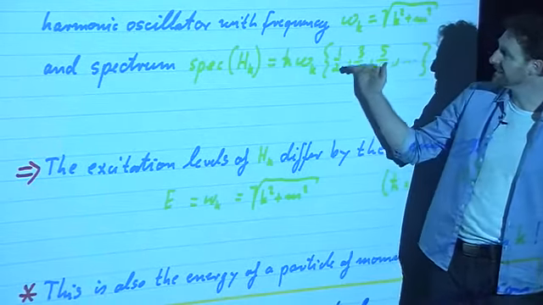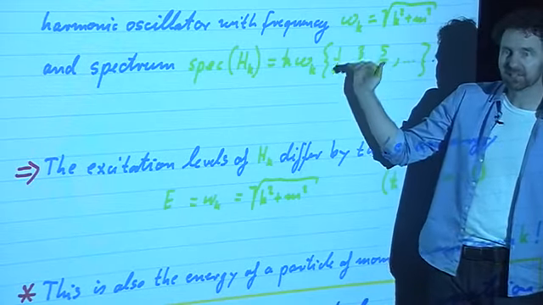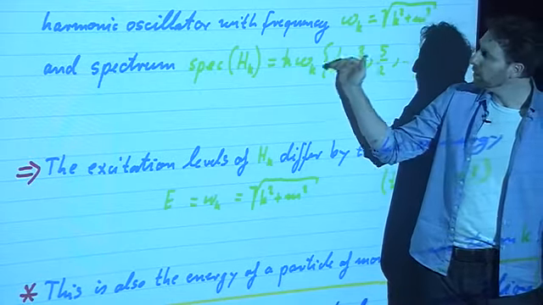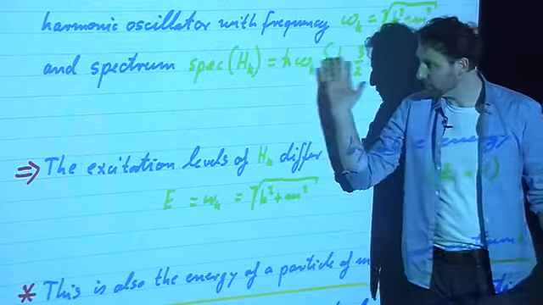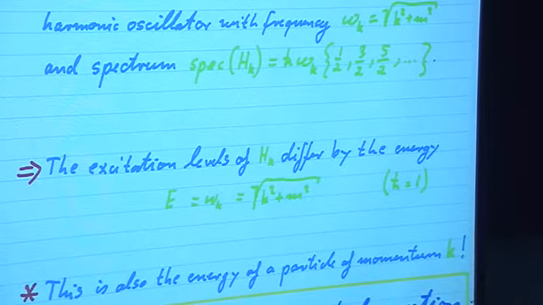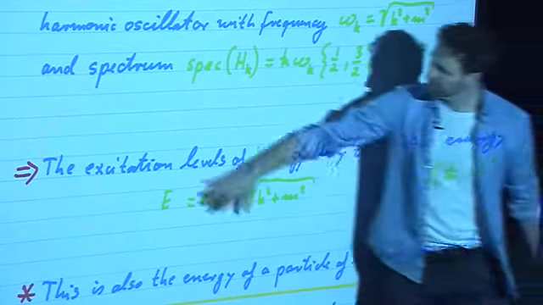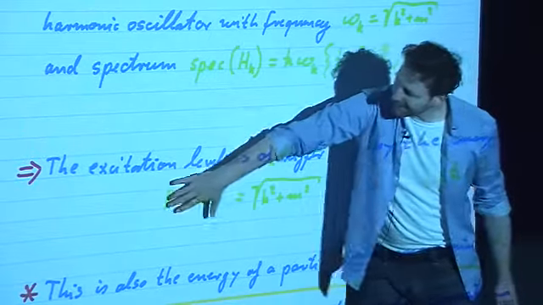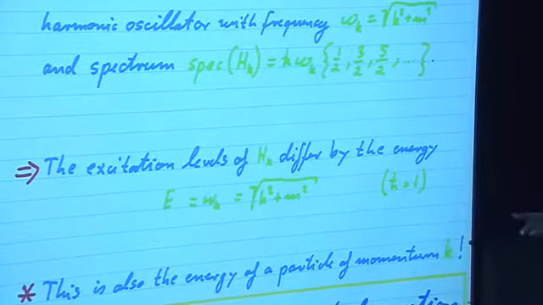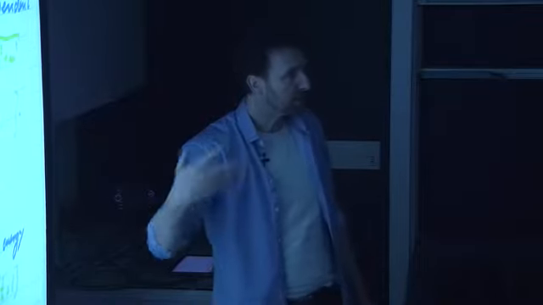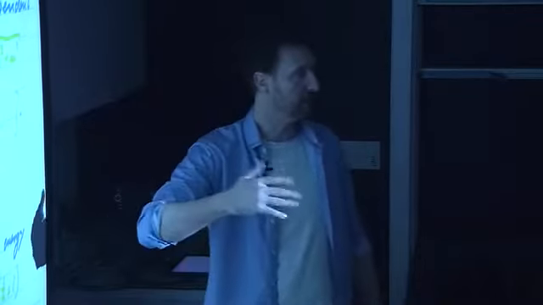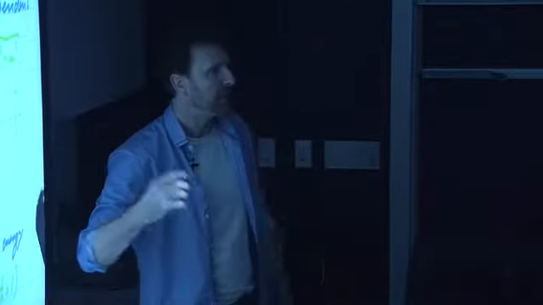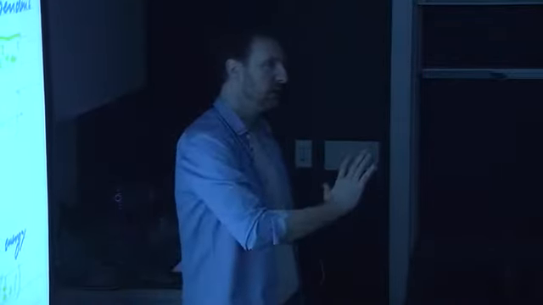What we found is that the spacing between the energy levels of the mode oscillator for a particular wave vector k is given by this energy, and that's also the energy of a particle that would have wave vector k. We know experimentally that if you create a particle of mass m and momentum vector k, its energy is this.